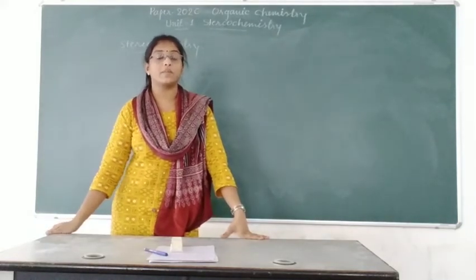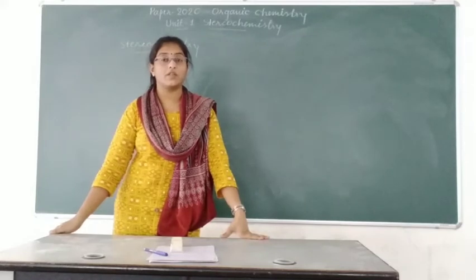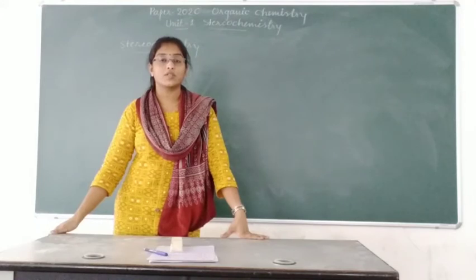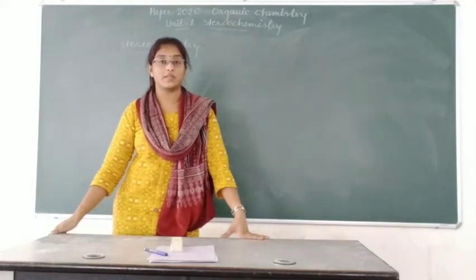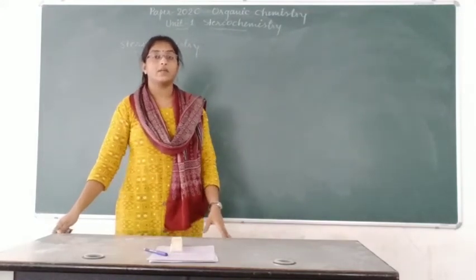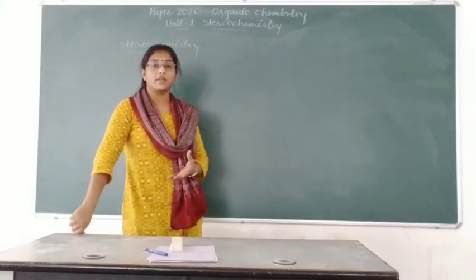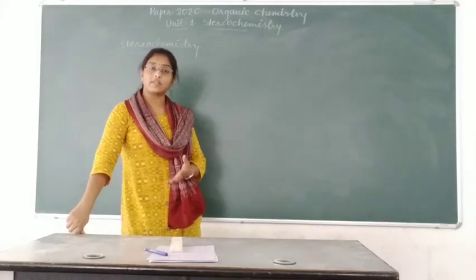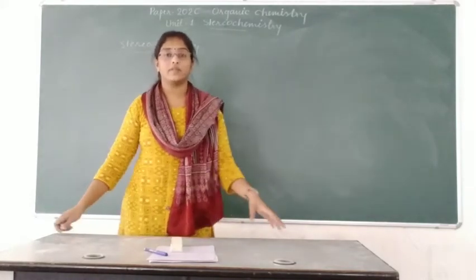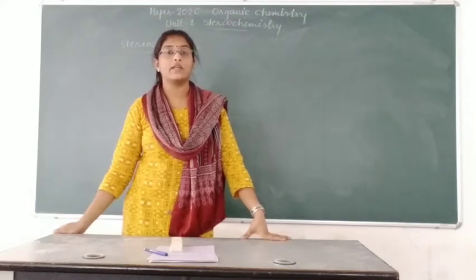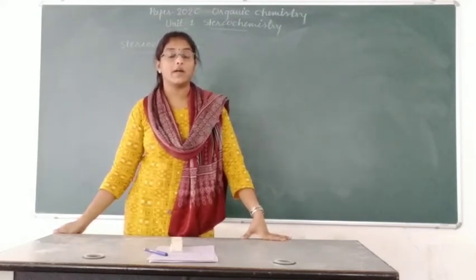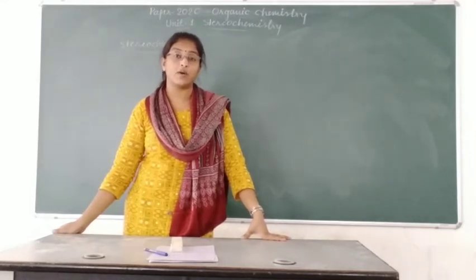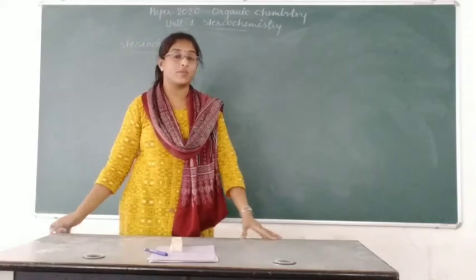So this is the branch of chemistry in which we will mainly concentrate on the 3D structure in space, right? Means it is a spatial arrangement. Different molecules have different spatial arrangements, and in the same molecule they have the same molecular formula, same structural formula, but different spatial arrangement. They all are called stereoisomers.